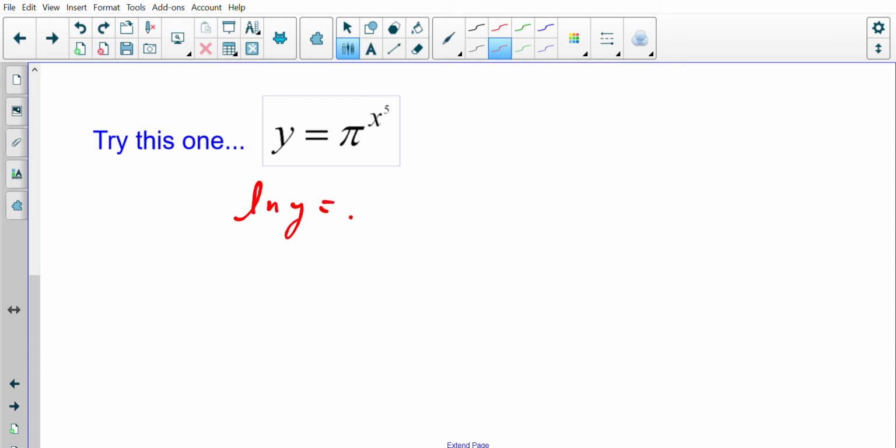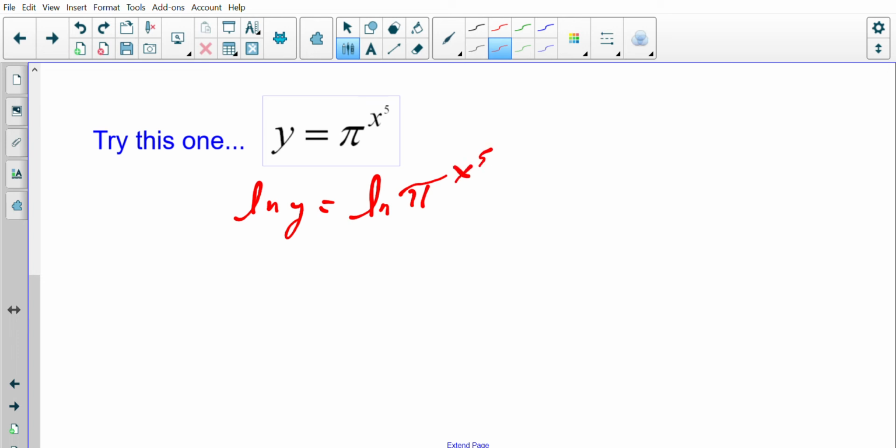Again, I could choose any base I wanted, but I'm choosing natural log because I know that to take the derivative, natural log is the best choice because you don't end up with that extra ln of your base, which I'll get to in a second. But technically you do, but the natural log of e just turns out to be 1.